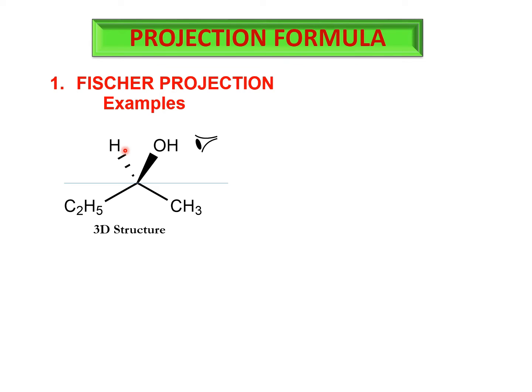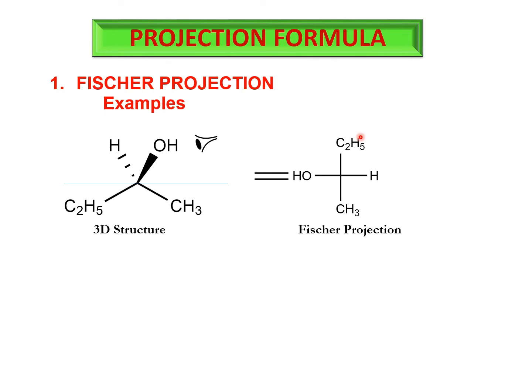So you draw H to the right on the horizontal axis, OH to the left, and now because you're standing here, these two groups are in your plane, and this C2H5, because it looks like it is slightly further from you, or it is above your eye line, so it means it is towards your forehead, and this CH3 is towards your chin. So C2H5 is drawn up, CH3 is drawn down.